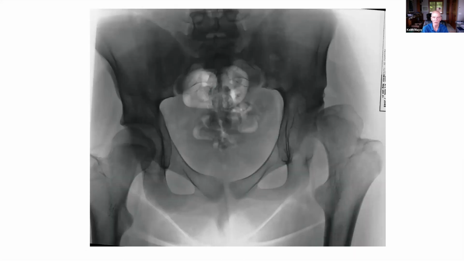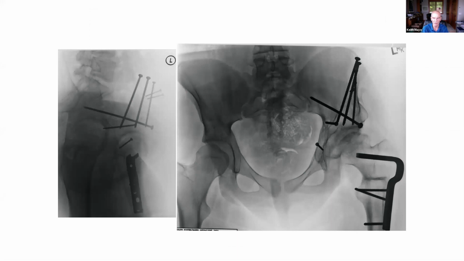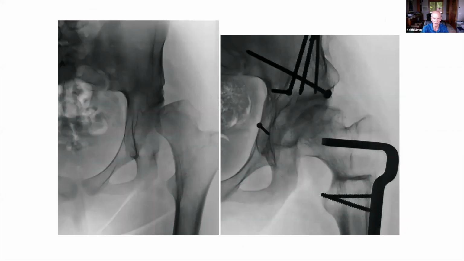A better example, this is a 14-year-old girl with cerebral palsy whose hip wants to dislocate. She's nearly 100 kilos, and her mom can't take care of her, so we're trying to save this hip. And this is clearly going to require both sides of the joint, and this required a fairly significant varizing, in this case retroverting, femoral osteotomy in addition to the acetabular component.